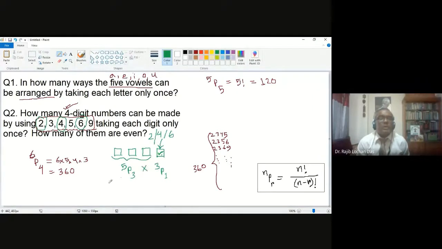So the final answer will be 5 into 4 into 3, which is 60. And 3P1 is 3. So it is 180. So 180 will be the even numbers. So this is how we do the calculation. So let us finish here.